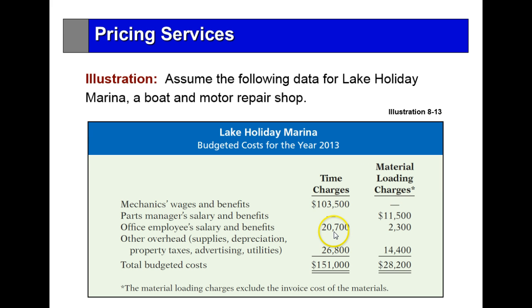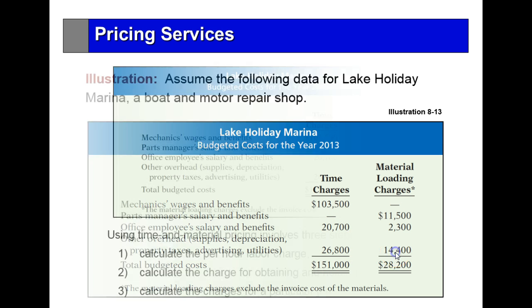The material loading charges include the parts manager, and a portion of the office employees' salaries gets put over to material loading charges, but most goes under time charges, and then all the various overhead gets dispersed.